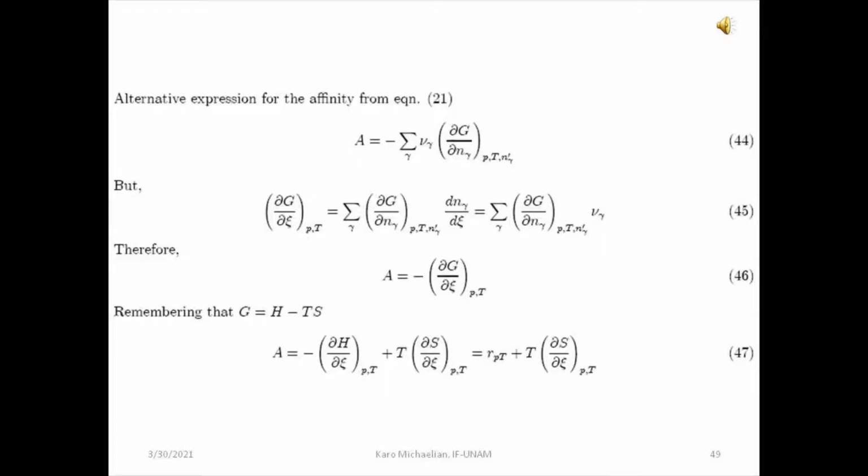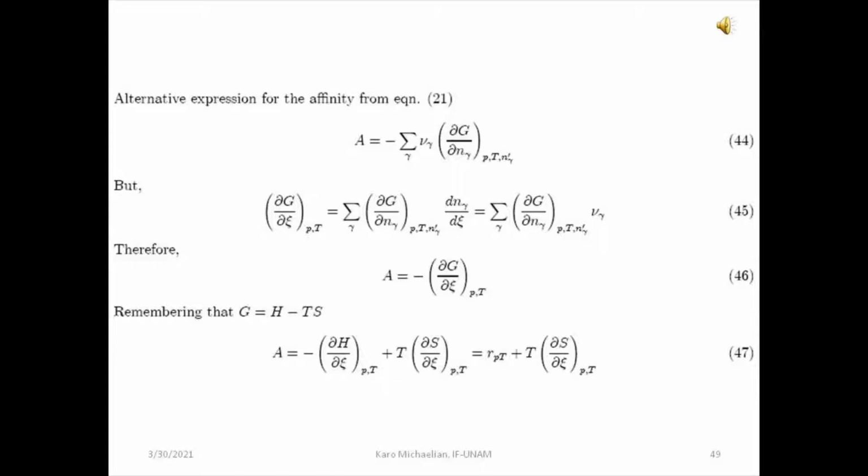Now we can also write an alternative form for the affinity by using equation 1 for the chemical potential in terms of the Gibbs free energy G. And so if you look at equation 21, you will see that we can then write the affinity as being equal to minus the sum over all the components in the system of their stoichiometric coefficients times partial G by partial N, the number of moles of substance gamma, at constant pressure, temperature, and all other mole numbers.